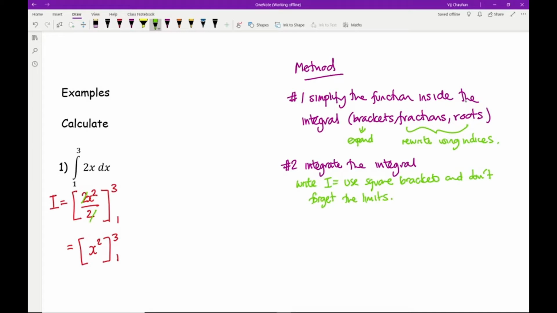So once we've done this, just to keep everything on the same screen, I'm going to divide it into 2. So now what we need to do is substitute.